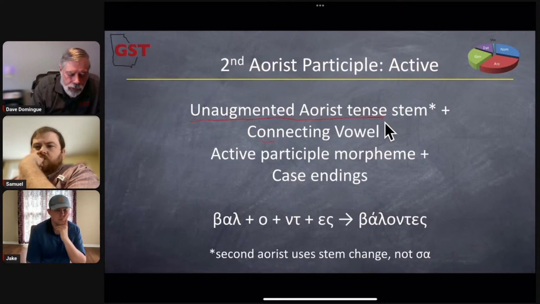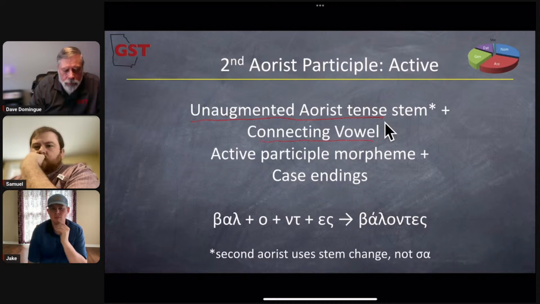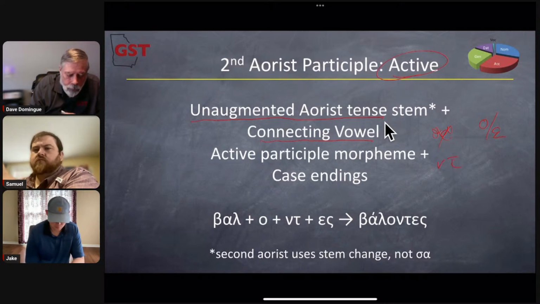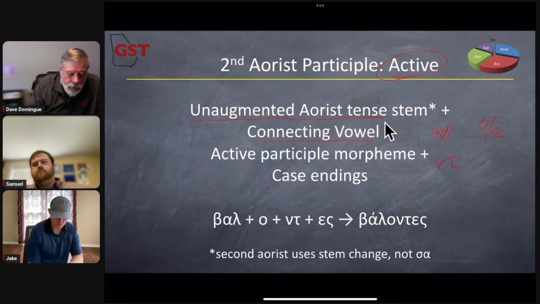But this time there's a connecting vowel and no tense formative. There's not a sigma alpha, not a tense formative at all. But we do have the connecting vowel, omicron or epsilon. And then we add our participle morpheme. Again, it's active voice, so it's going to be the new tau. And then we add our case endings.